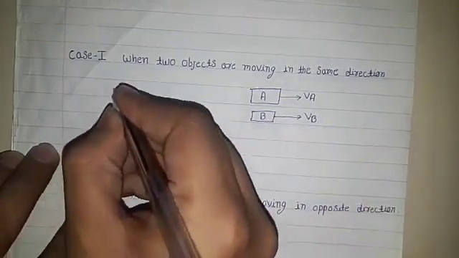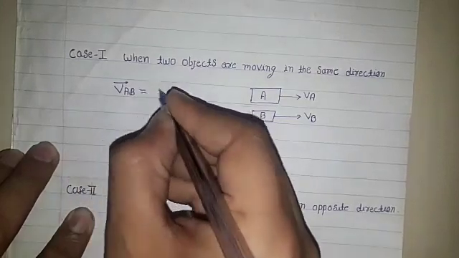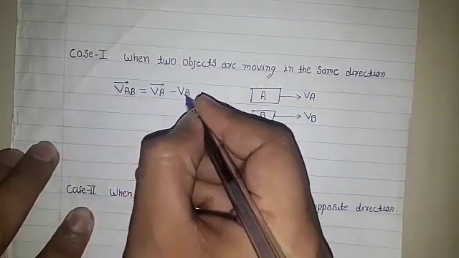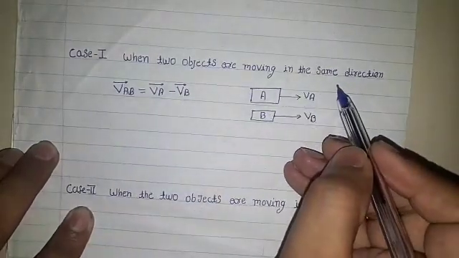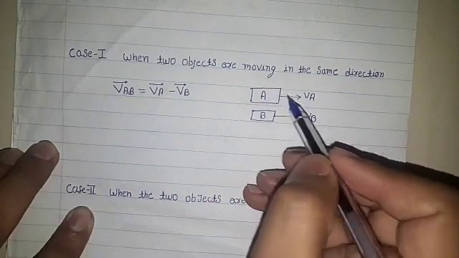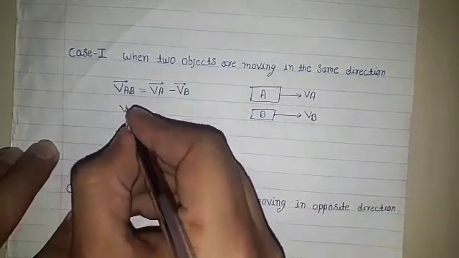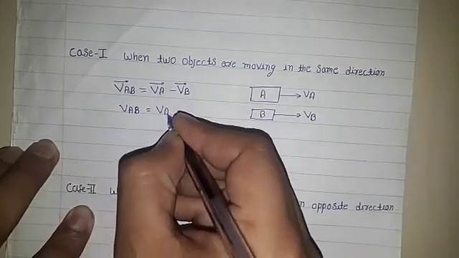So the relative velocity formula is VAB vector equal to VA vector minus VB vector. Both objects are moving in the same direction, so the angle between the velocities is 0 degrees. So we can write VAB is equal to VA minus VB.